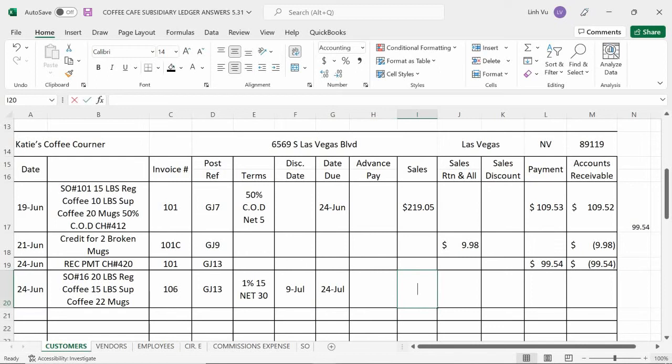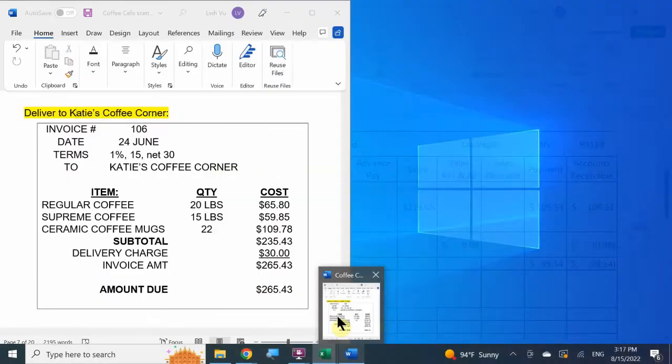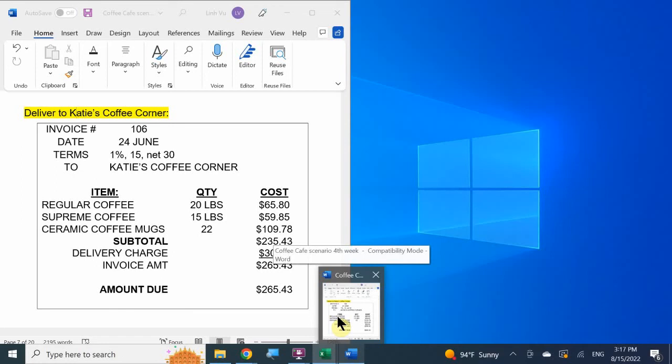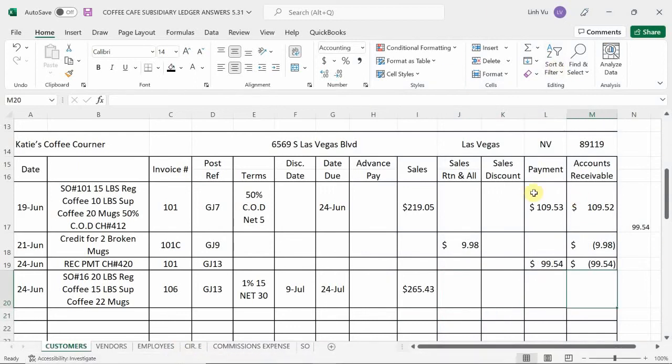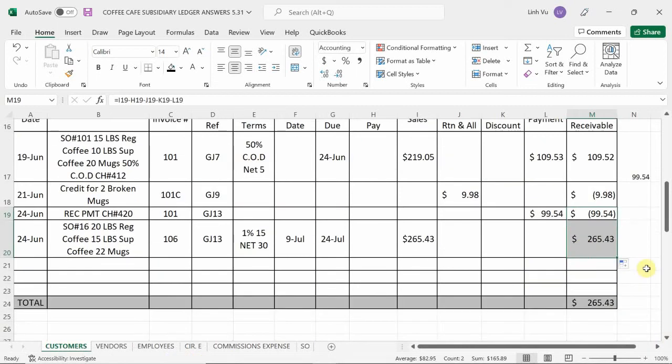Sales was, I'm sorry, 265.43, and there was no payment, so that goes into accounts receivable, which would bring her account balance back up. And then we go over to the general ledger.